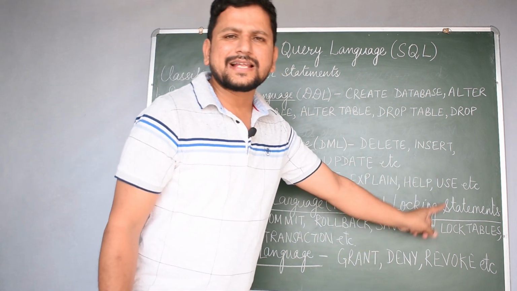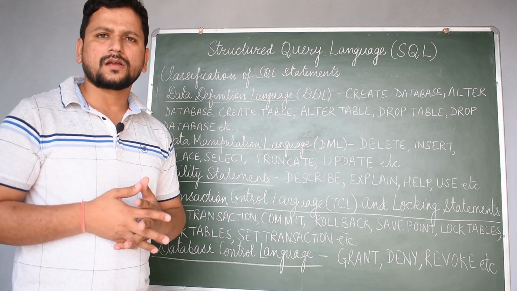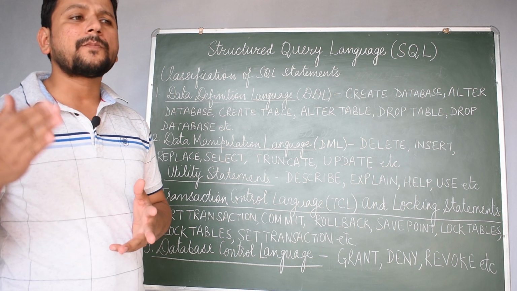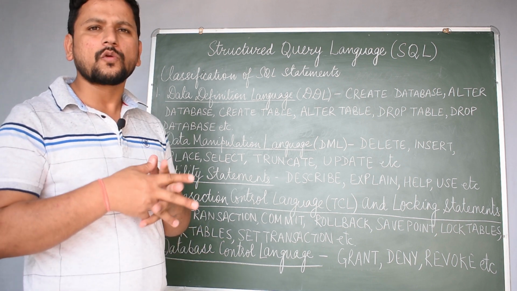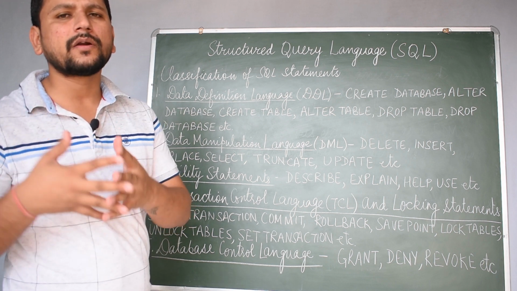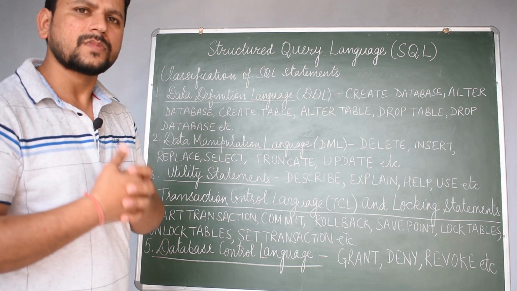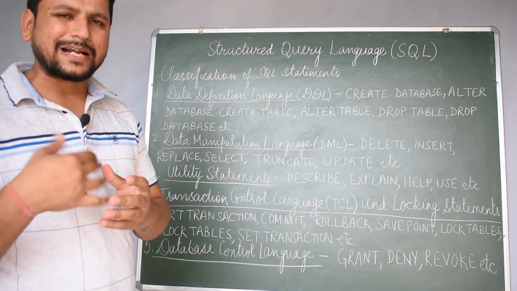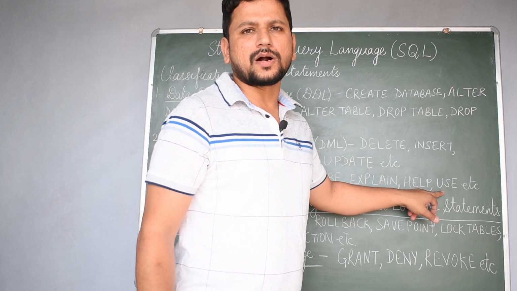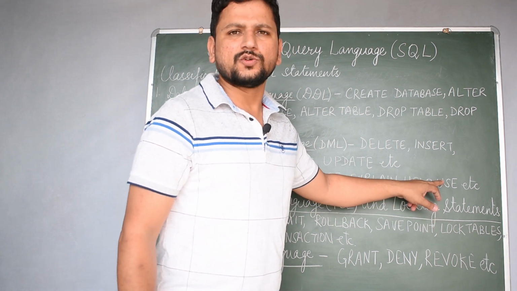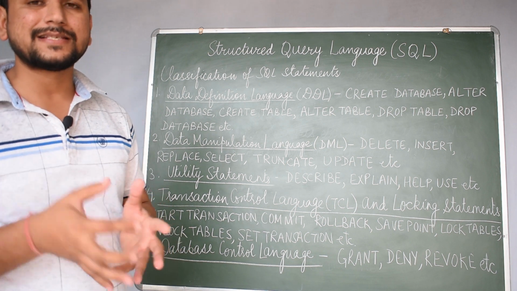One more command is the use command. Suppose we have different databases and we want to use a particular database, because while we are creating tables or records, we have to use some specific database. For whatever database we have to use, first we have to use the use command. After that, using the use command, the particular database is selected.